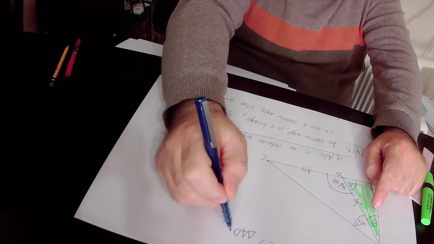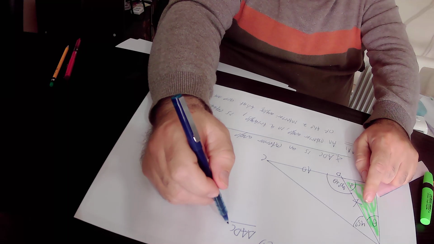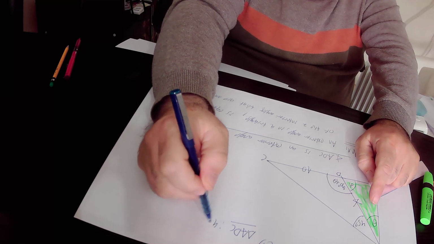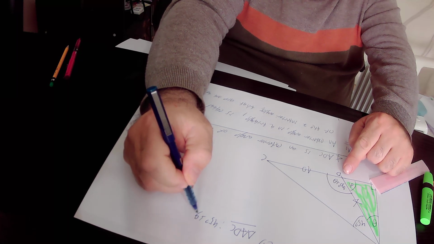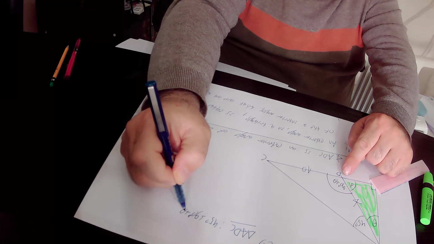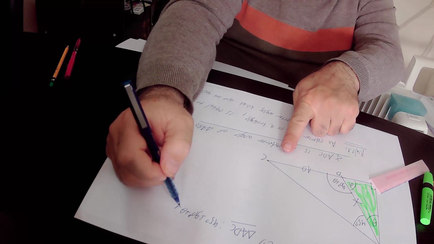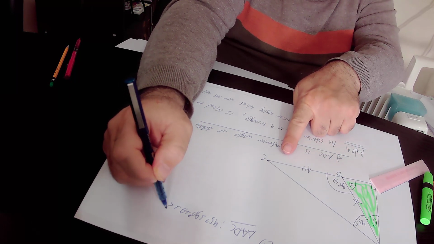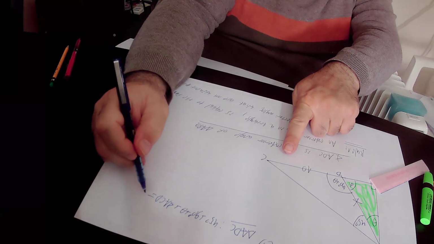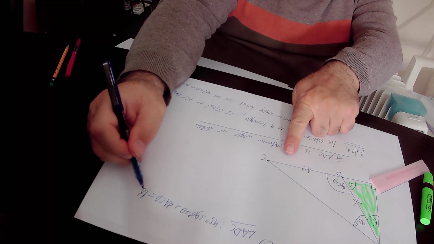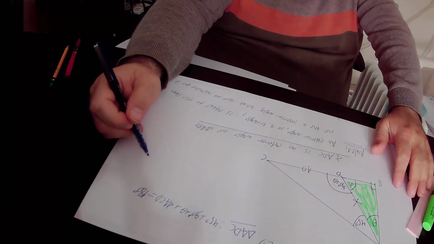In triangle ADC, we have this angle that is equal to 45 degrees, plus this angle that is equal to 90 degrees plus theta, plus this angle that is angle ACD. In total, the sum of those three angles must be equal to 180 degrees, according to the rule that the sum of the angles in any triangle is equal to 180 degrees.